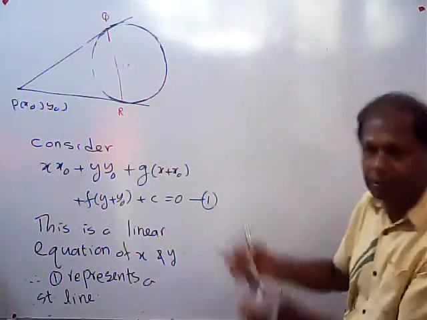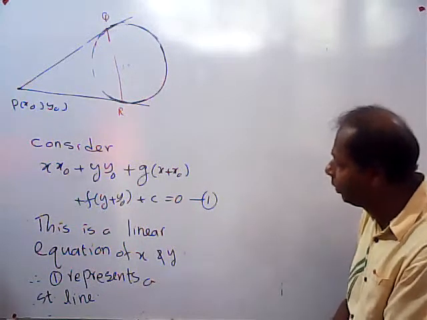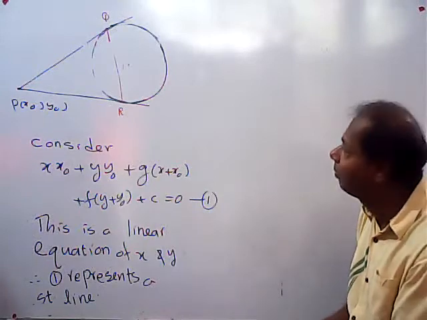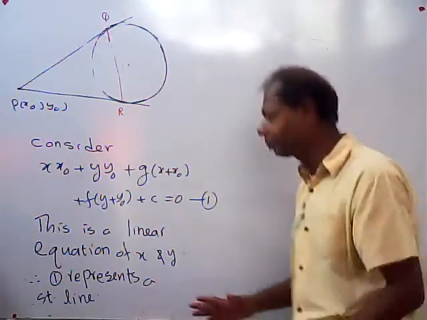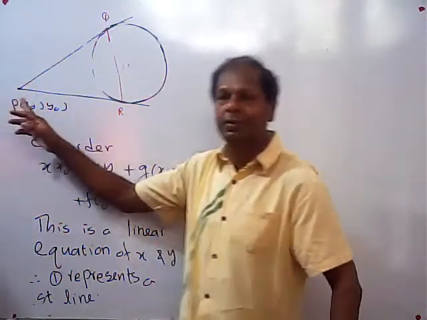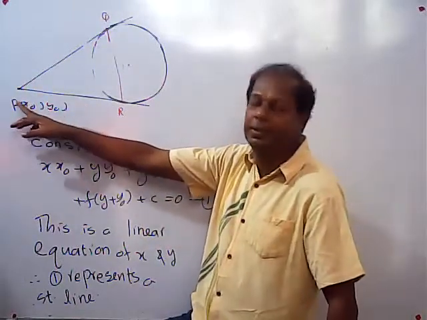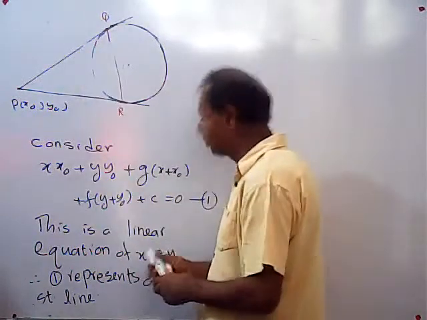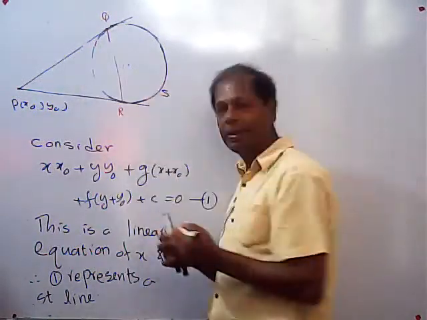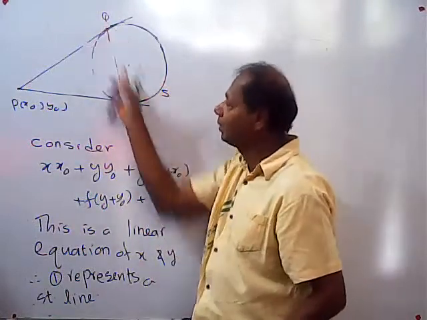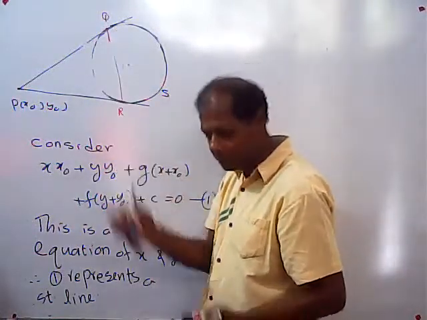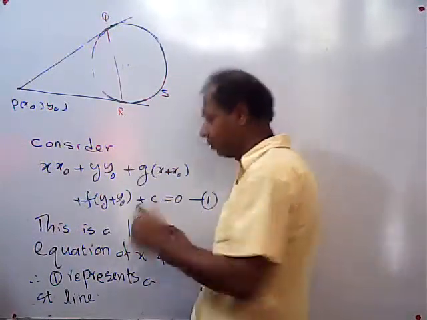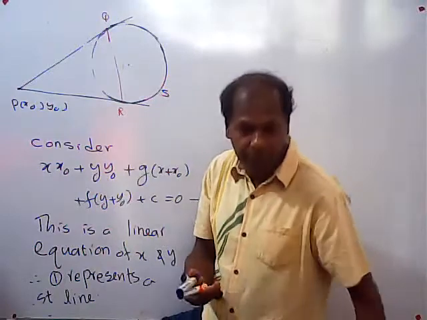Now we can speak about that straight line. So I told you that it's an interesting logic that we are going to apply here. Now we said that the tangents that we draw from the point P to the circle S meet the circle at the points Q and R. So the points of contact are Q and R. Let's take some coordinates for them.